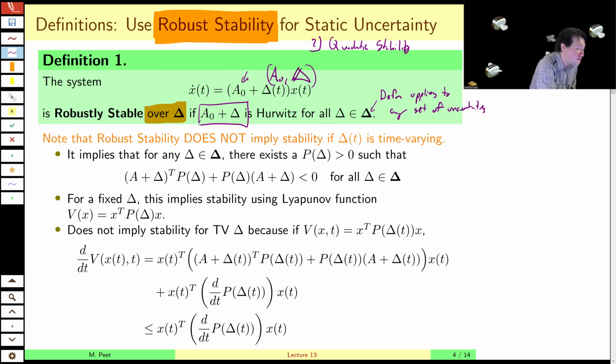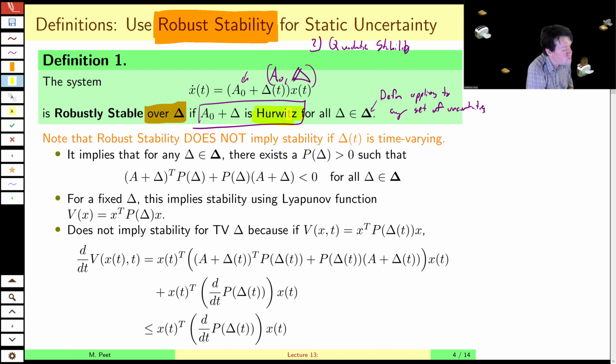So that's important. The Hurwitz part of that is important to parse. So think about that a little bit. It's not saying anything about the trajectories of the system. It's not saying whether the solutions converge to zero or if they're bounded or anything like that. This is an algebraic definition.